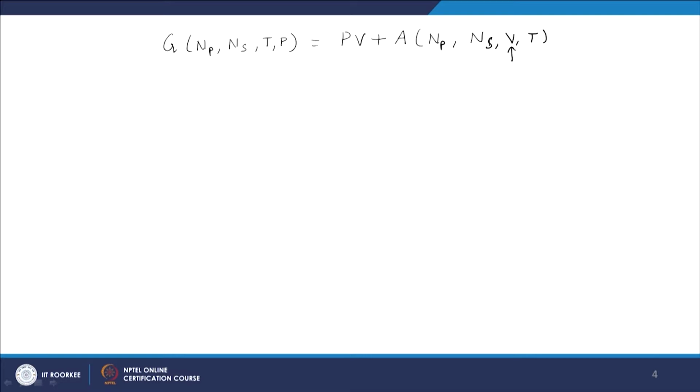V is anyway a constant here, so I can write it as A(Np, Ns, T), so I have gotten rid of one variable because volume is constant.